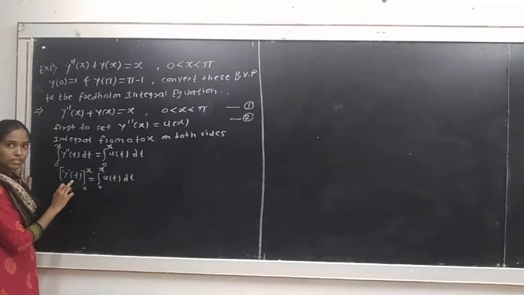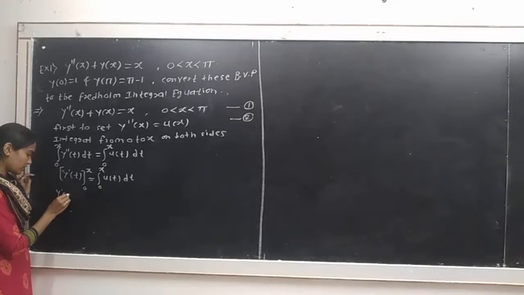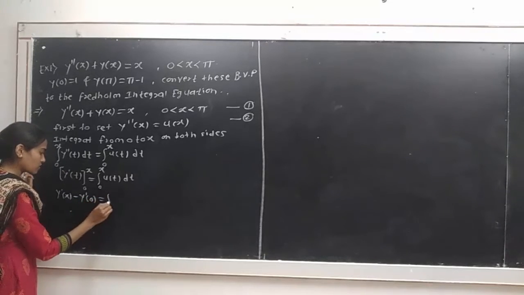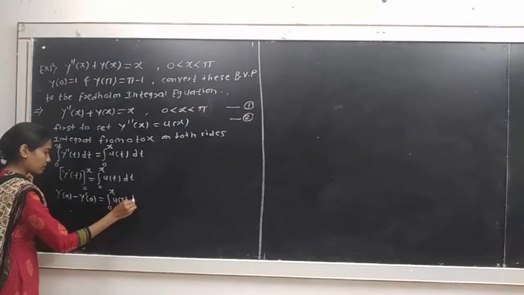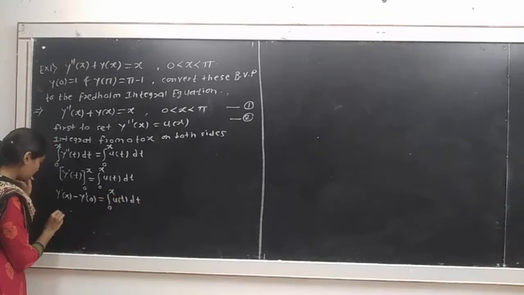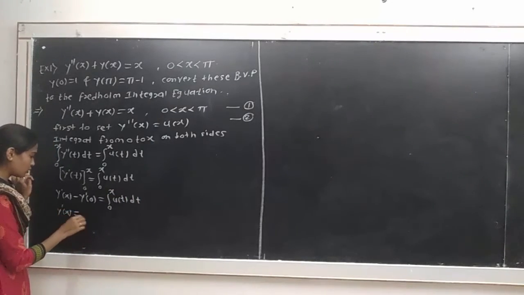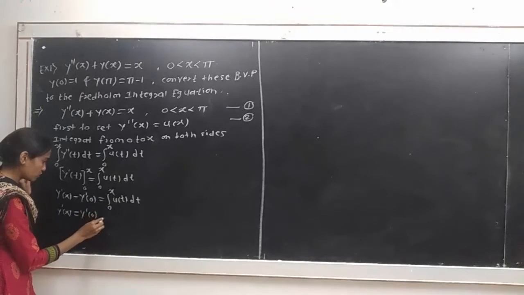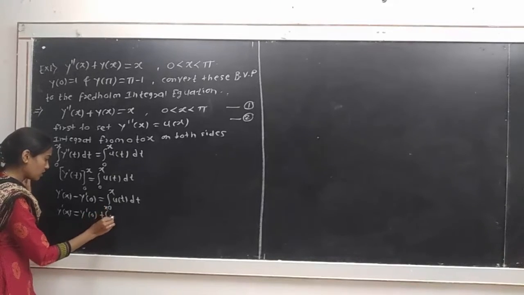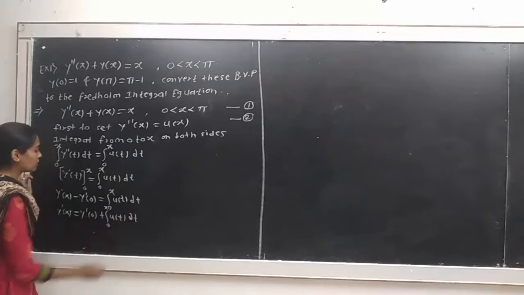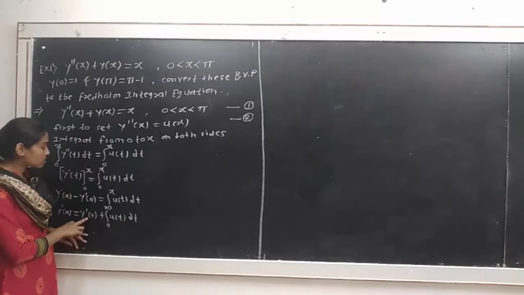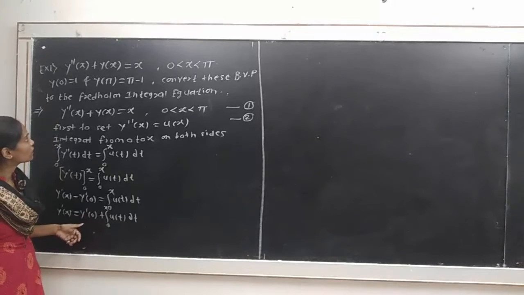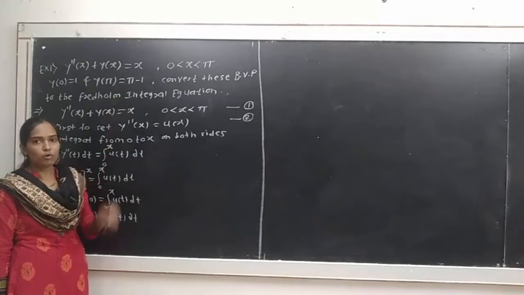Then by putting limits here we get y dash of x minus y dash of 0 is equal to the integration from 0 to x of u of t dt, that is, y dash of x is equal to y dash of 0 plus the integration from 0 to x of u of t dt, as y dash of 0 shifted to this side becomes plus. Here the condition y dash of 0 is not given, so we have to find the value of y dash of 0 by using the boundary condition.